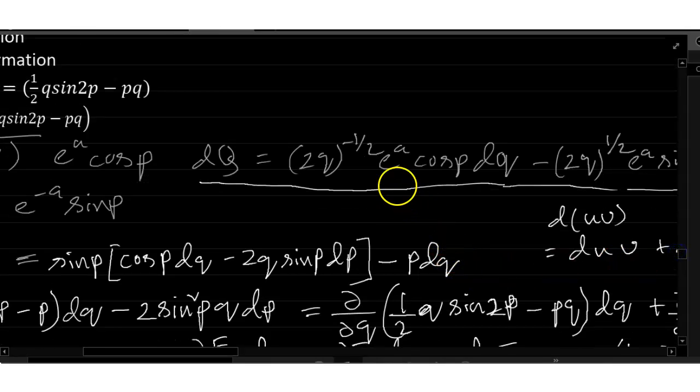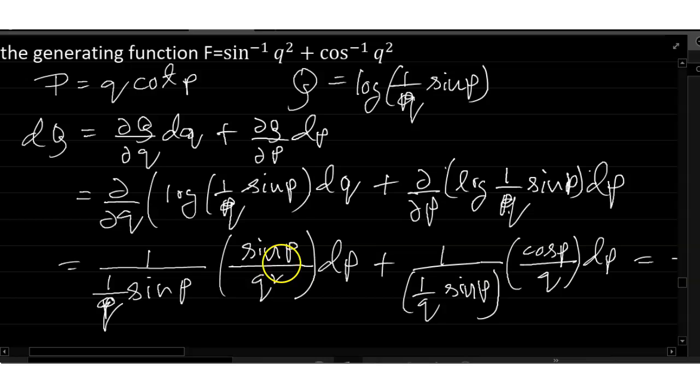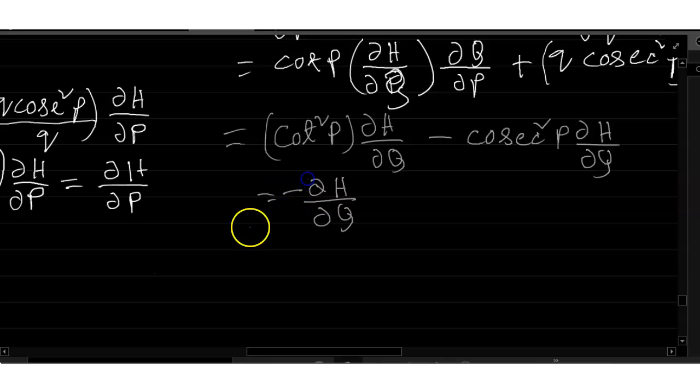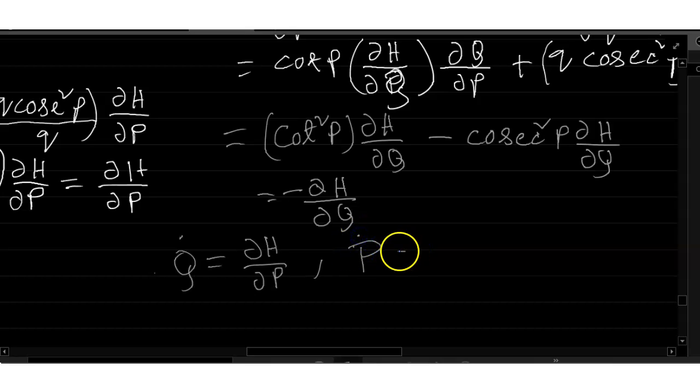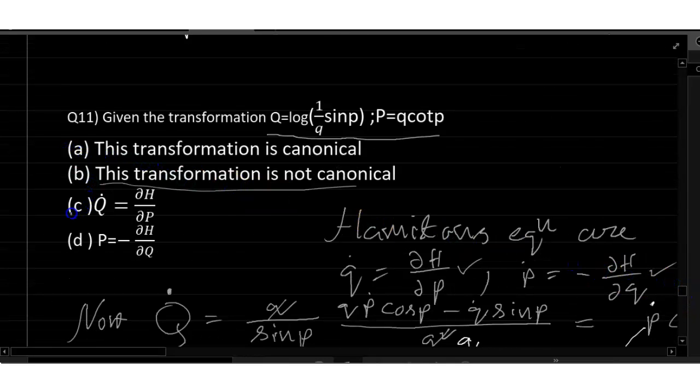In this equation I get the value of del Q by Q, which I have already got, so I put it in del P by del Q. I use this result here and get minus del H by del Q. So our result is Q dot equals minus del H by del P and P dot equals plus del H by del Q. Hence, the transformation is canonical, and this option is right.